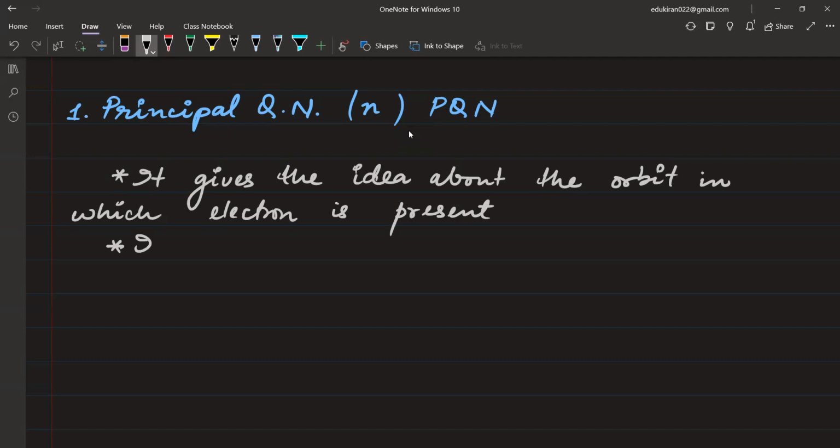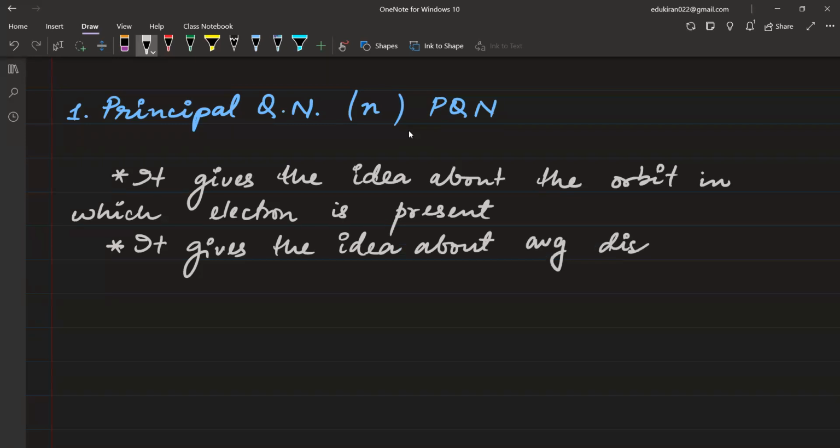So next, it gives the idea about the average distance between the nucleus and electron.